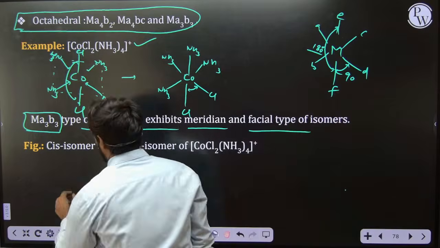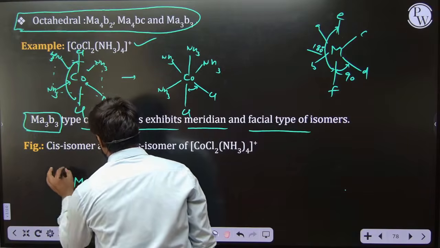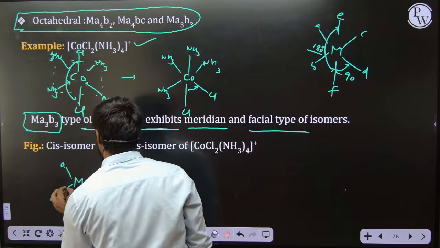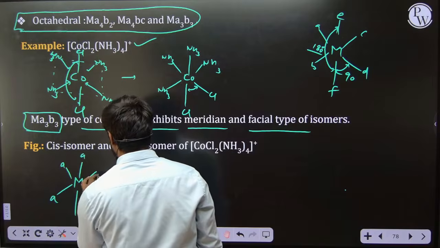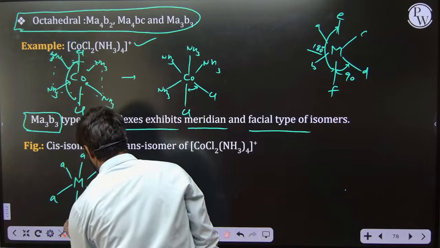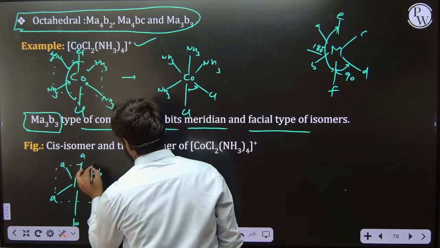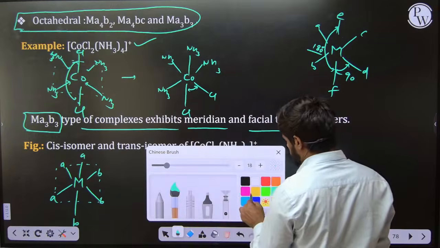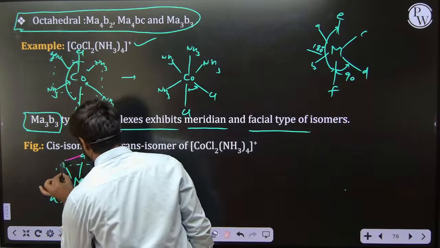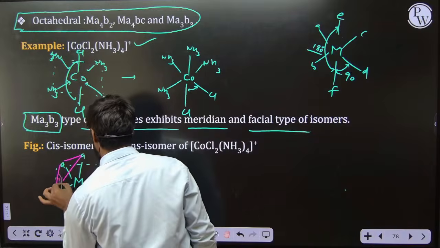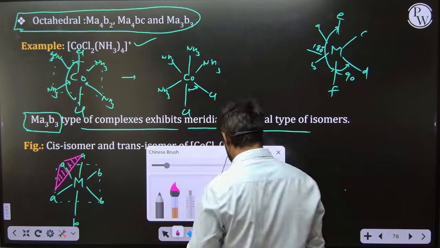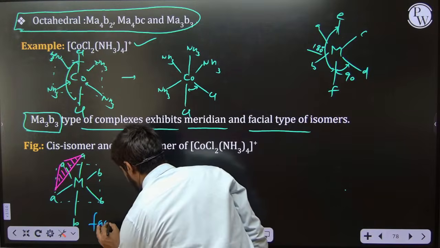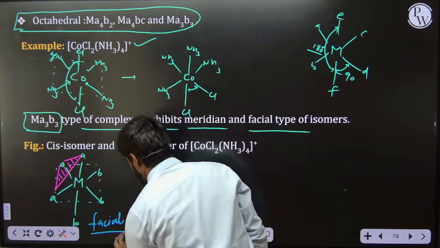So what are facial and meridional? When three ligands come on adjacent positions in the metal complex, it is known as the facial type of isomer.